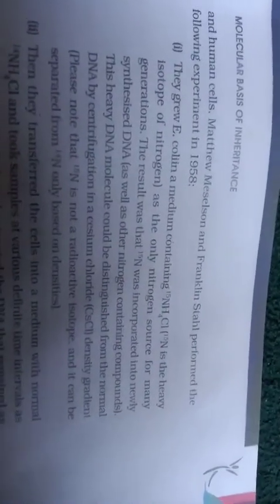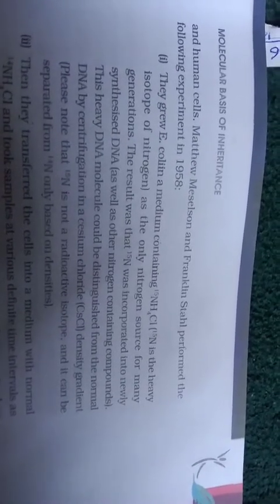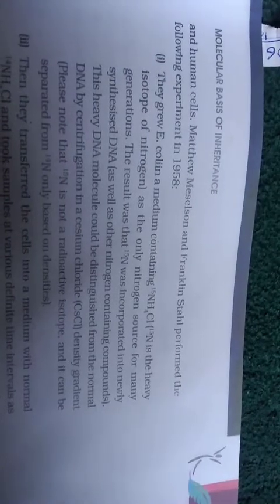This heavy DNA molecule could be distinguished from the normal DNA by centrifugation because of its heavier nature, in a cesium chloride density gradient. That means N15 and N14 got separated on the basis of their densities.